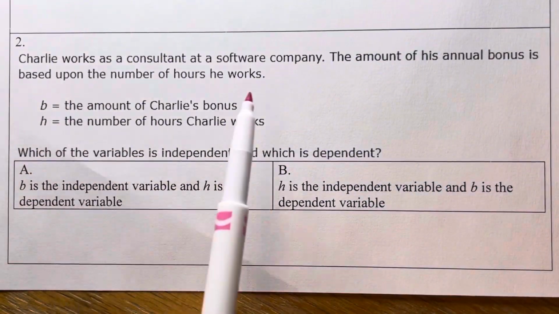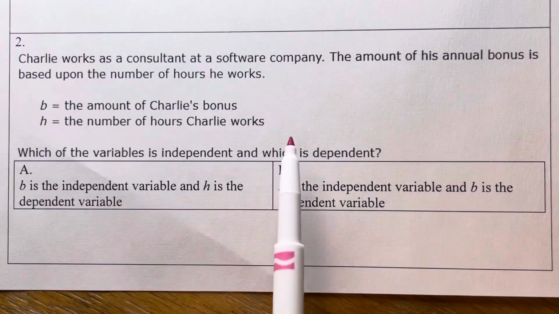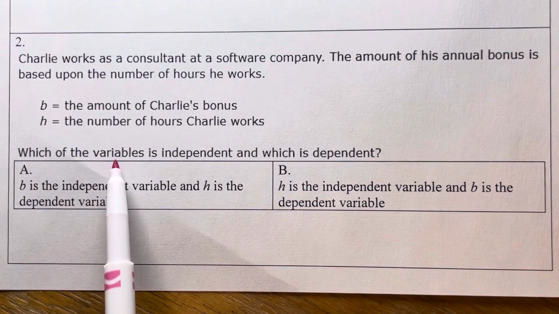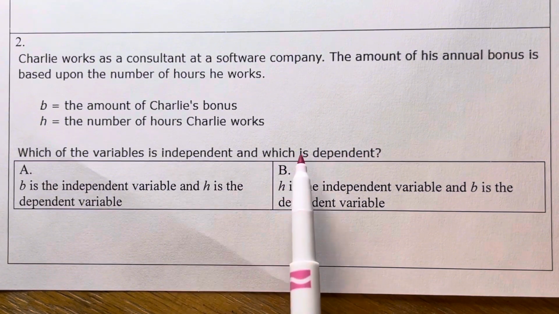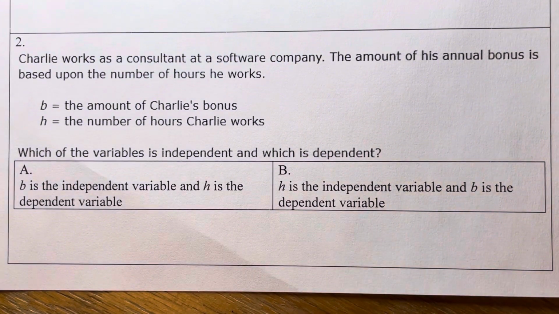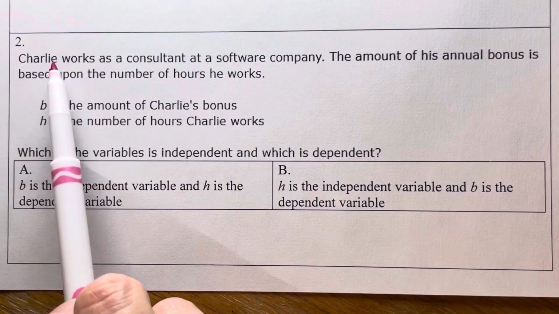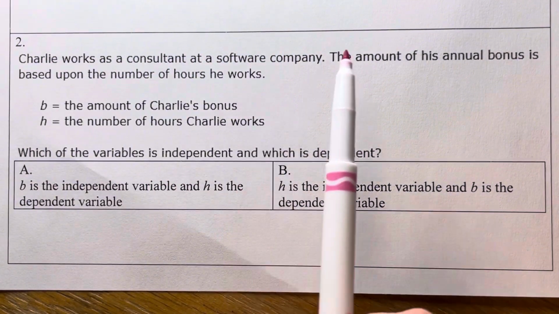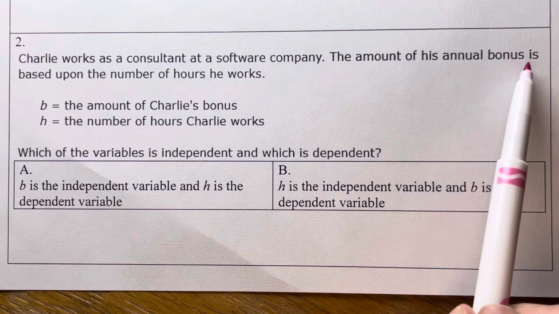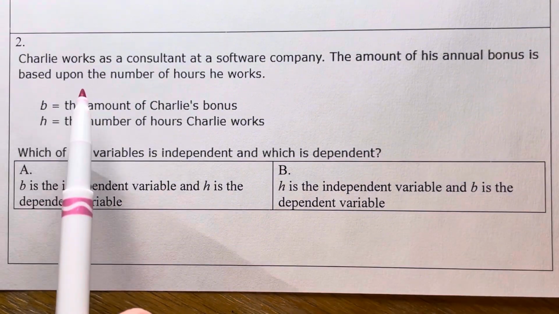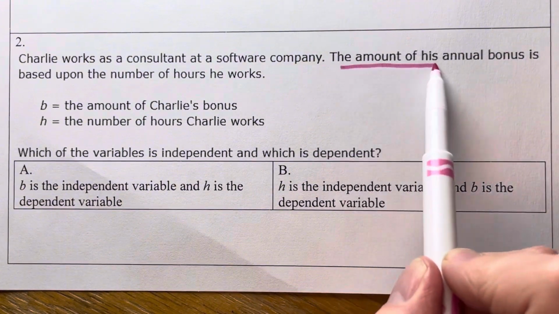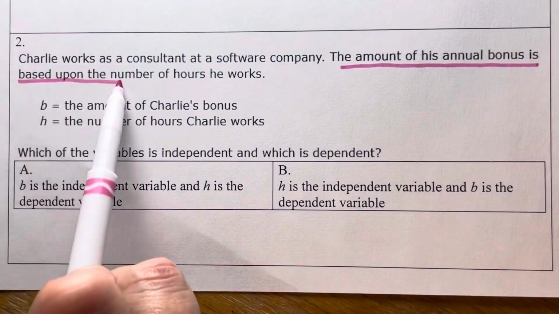In example 2, we will look at this real-world situation to determine which of the variables is the independent and which is the dependent. So Charlie works as a consultant at a software company. Great. The amount of his annual bonus is based on the number of hours that he works. Okay, here is the cause and effect relationship.